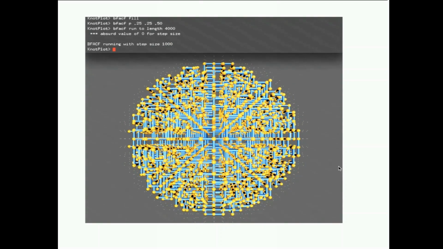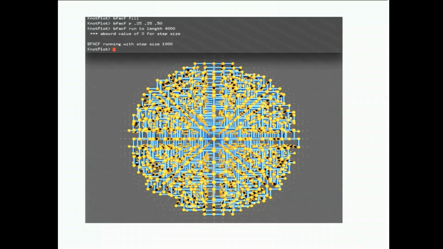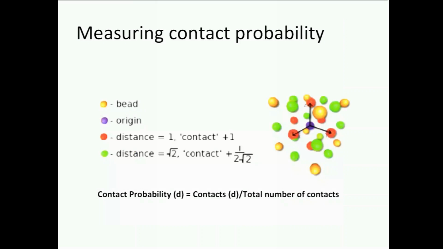Once we do this, we generate a conformation. Now we have a conformation in R3, and then we need to estimate some type of contact probability. So for every point, we count 1 for any points that are at distance 1 and not consecutive along the chain.